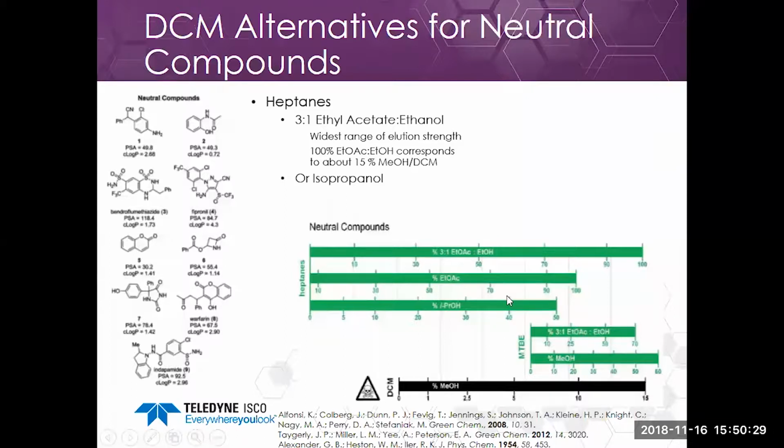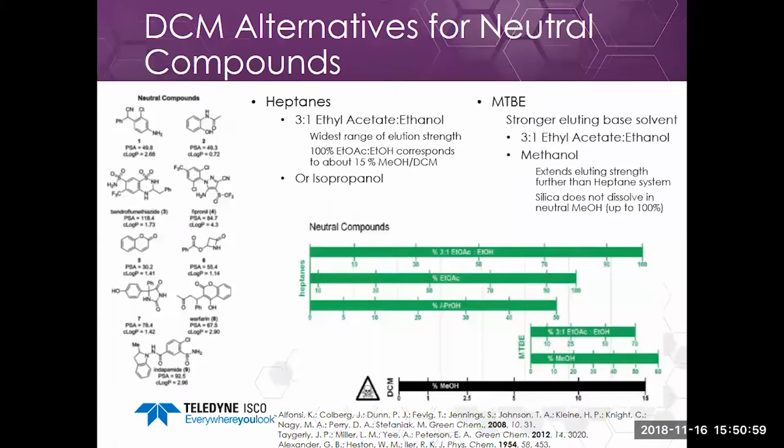Using heptane as a base solvent and 3-to-1 ethyl acetate ethanol, it gives a pretty similar range from 0 to 15% methanol in DCM. Using that range, or using IPA or ethyl acetate instead, or some other substitutions, you can match the solvent strength of DCM methanol and apply that using heptane as a base solvent.